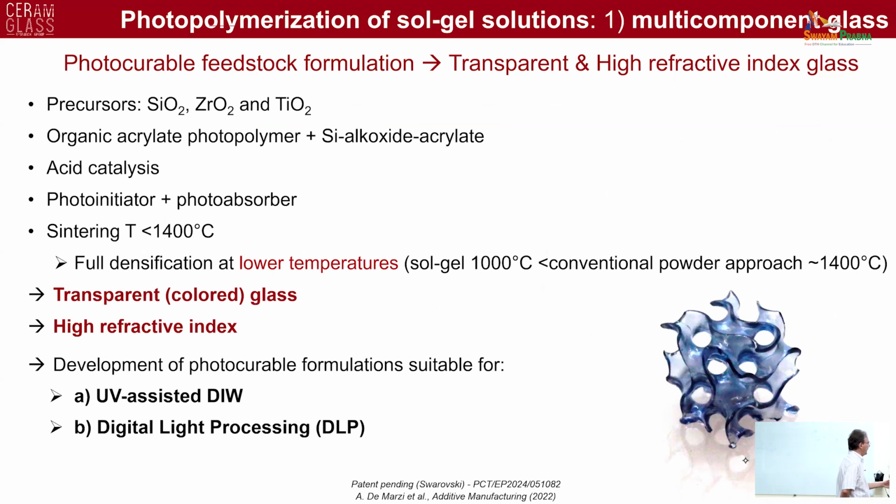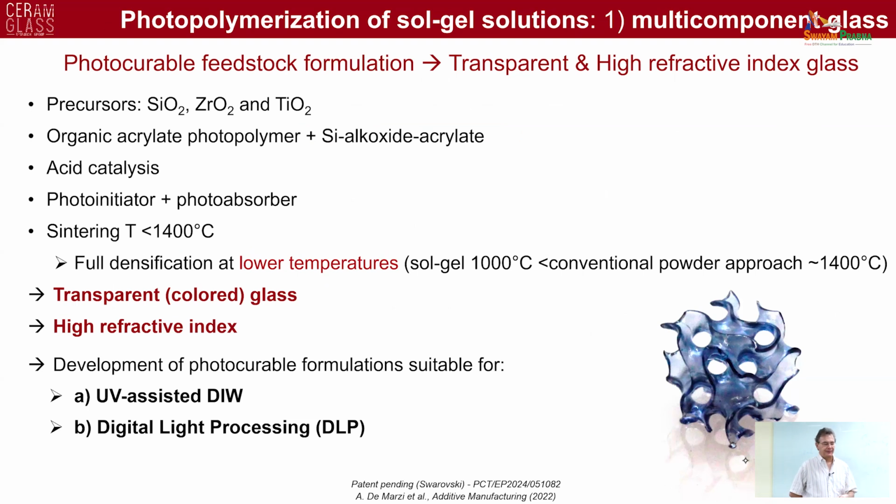So the company is Swarovski, which is famous, of course, for crystal glass. And crystal glass is a material that has a high refractive index. So we need that, and silica is the glass that has the lowest refractive index.